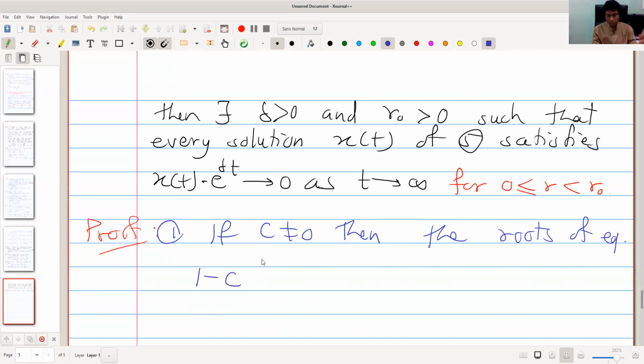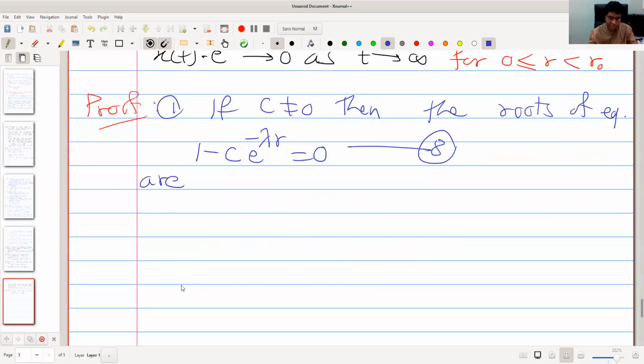This is a corollary. The previous lemma says that there is a relation between the characteristic roots and the roots of this equation. If c is not equal to 0, it is simple to find the roots of this equation. We need to take logarithm.